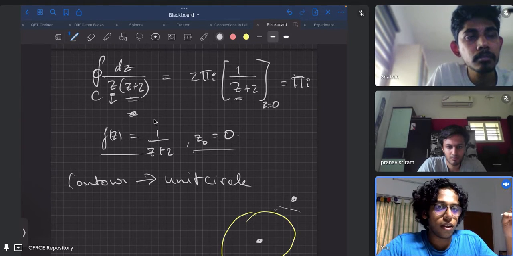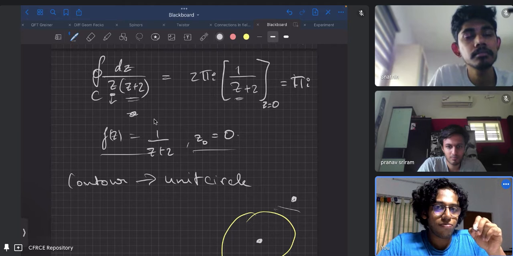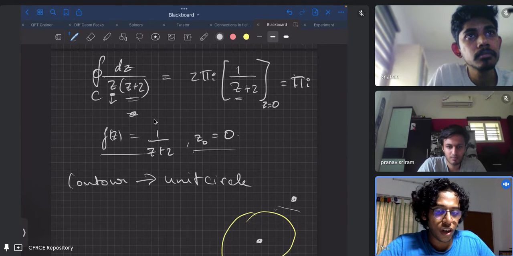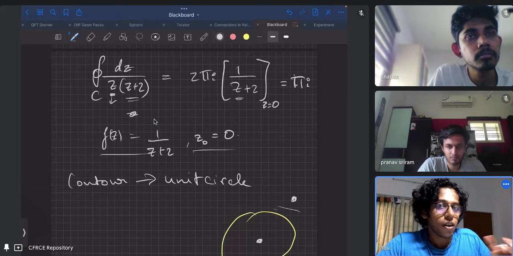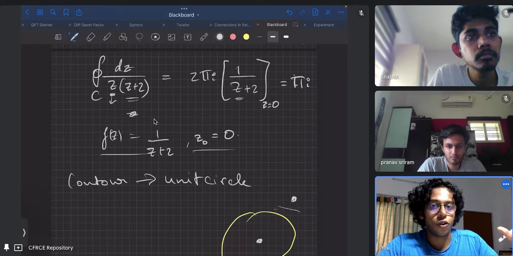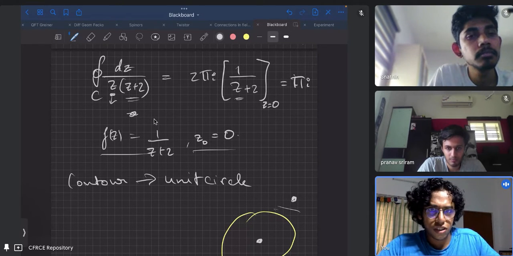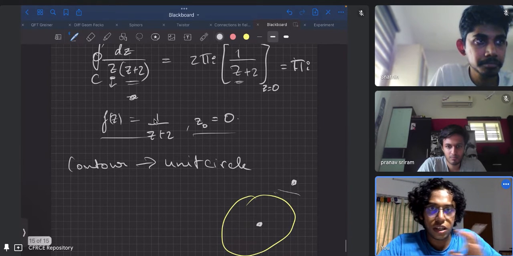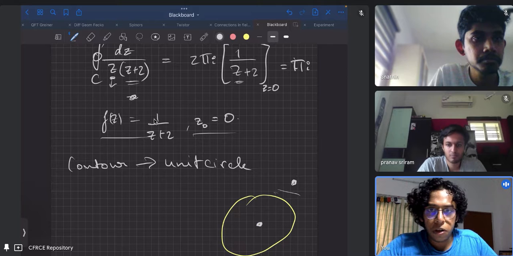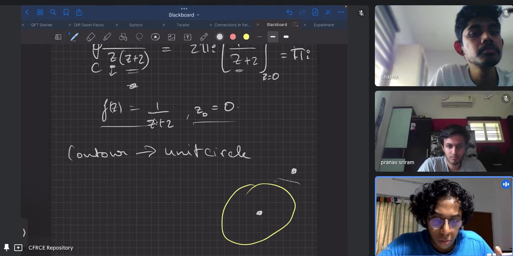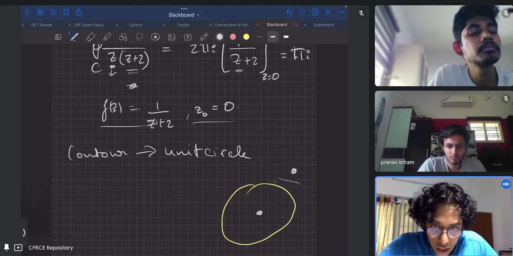But the idea is that your coefficient probably arrives because of the singularities that are present outside the contour that you are taking. This is just an idea again. There might not be an exact correlation. I'll probably try to read up and come back to it later.